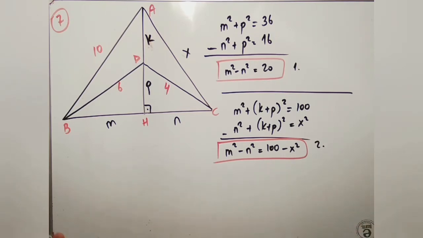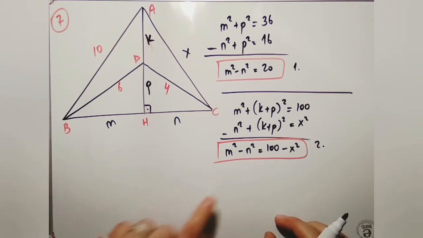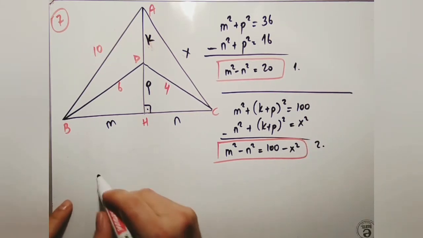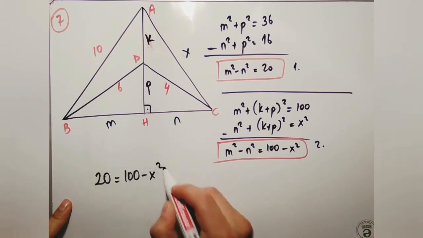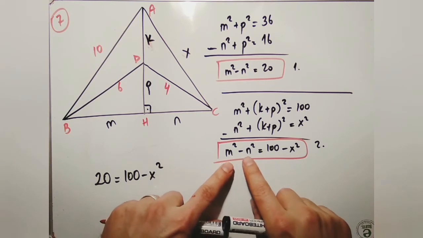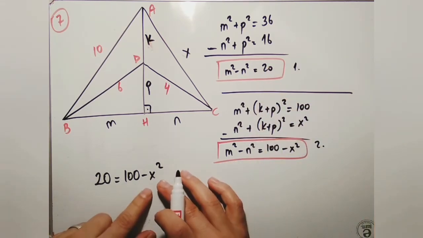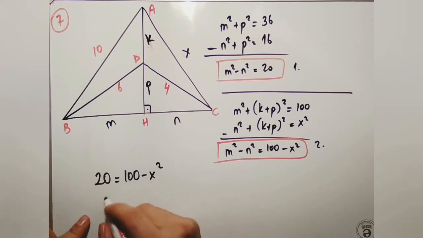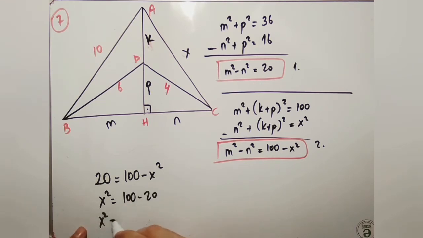If we substitute the value found in 1 into equality 2, I will find 20 is equal to 100 minus x squared, because m squared minus n squared is 20. So take negative x squared to the left and 20 to the right side. 100 minus 20, so x squared is equal to 80.